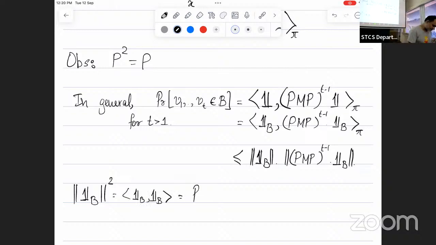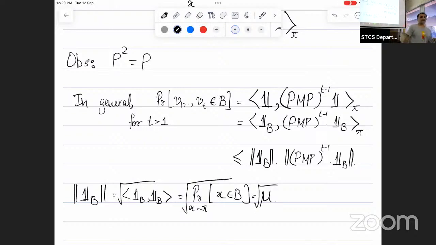This is the same thing as the probability that, if I pick an X according to the stationary distribution, it is in B. And this is what we set as mu of B. So if I remove the square, what I get is the square root of mu of B. So one part of it is done. This we know is at most square root of mu of B.